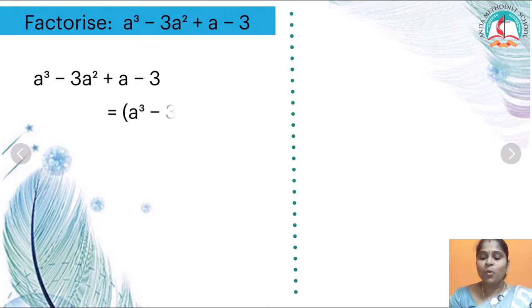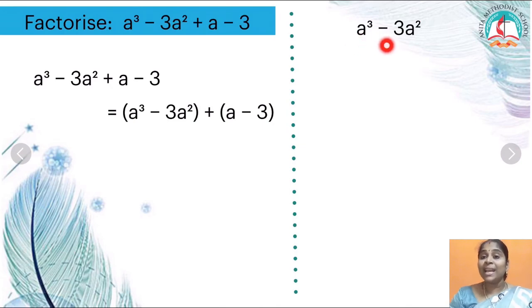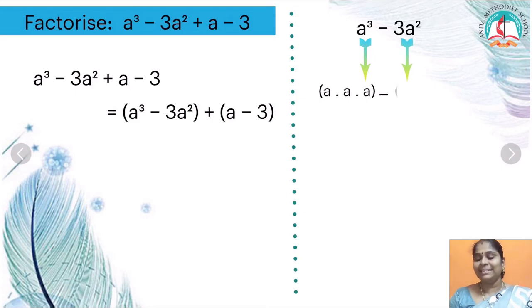In a cube minus 3a square, why am I grouping here? I am going to find the common factor for these 2 terms alone first. Which is the common factor for a cube minus 3a square? Do you all know how to write the irreducible factor? How to write the irreducible factor for a cube? a into a into a. How to write 3a square? Yes, it is 3 into a into a.